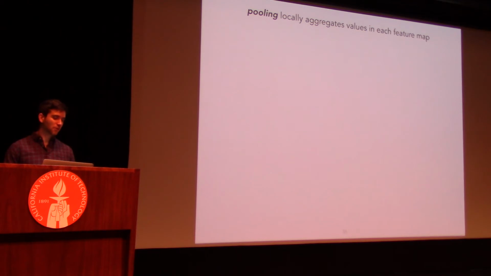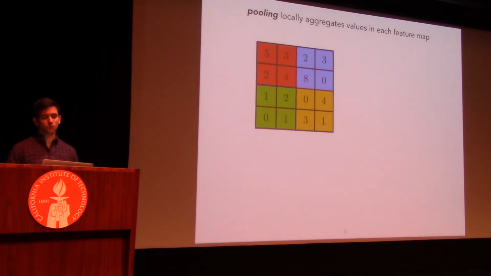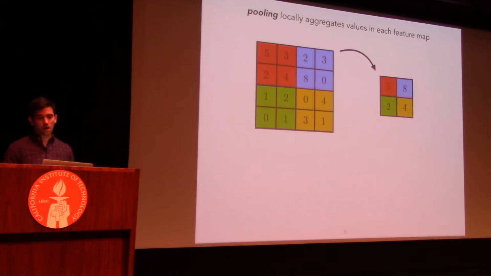And then another very commonly seen operation is pooling, which means just locally aggregating values in each feature map. So if I give you this feature map and I apply pooling at each of these different quadrants, and I say, take the maximum value that you find. Why would I do that?